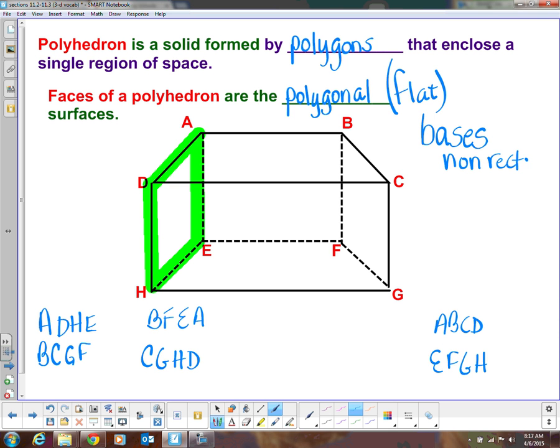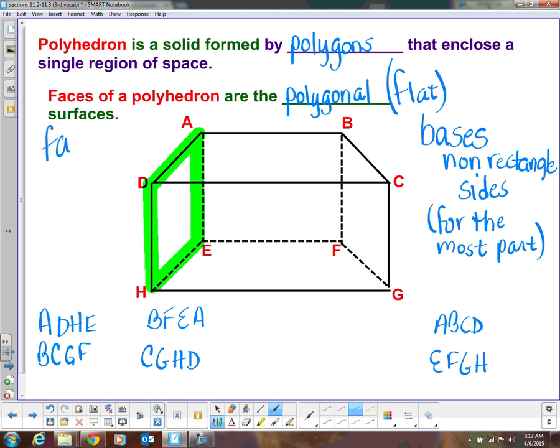If everything's a rectangle, then it's a rectangular prism, and a base would be a rectangle.